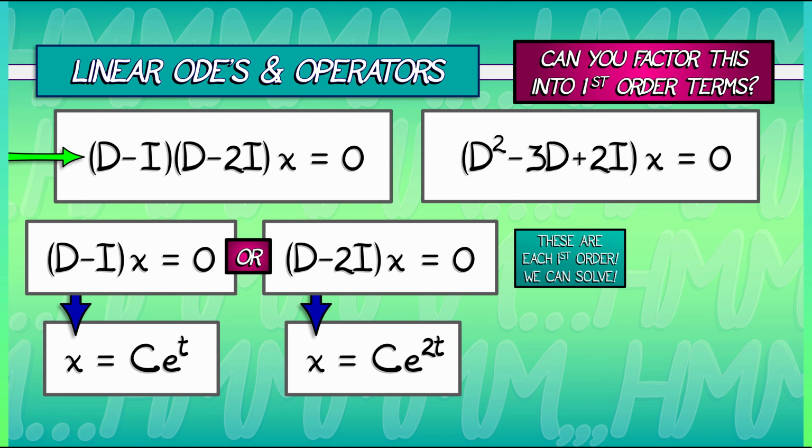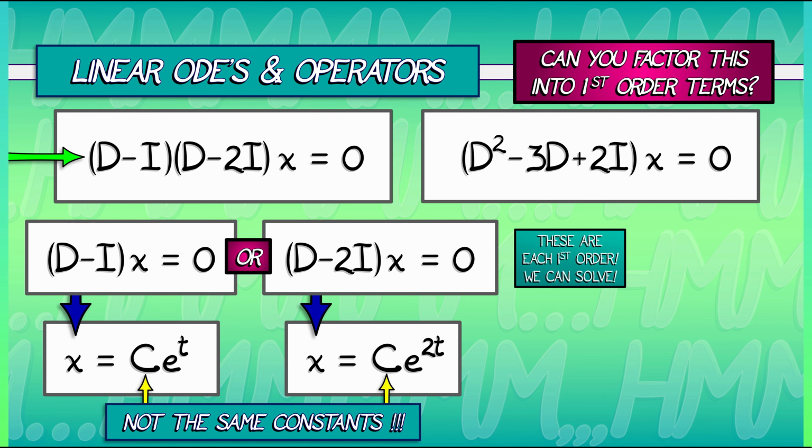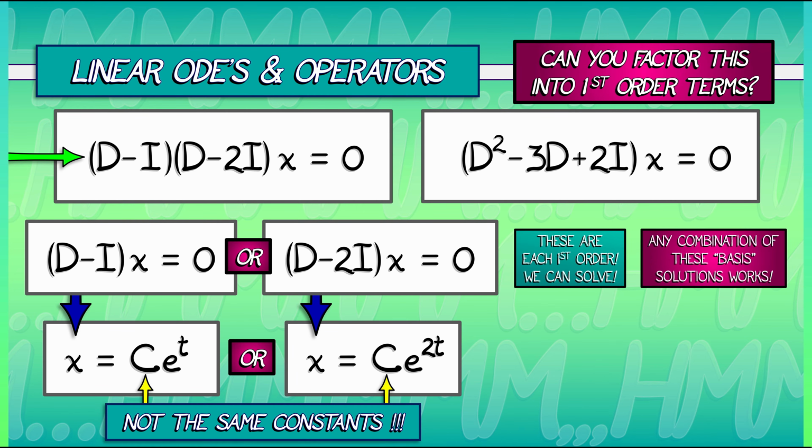Now, we have this situation with two possible solutions, each involving a constant. They are not the same constant. I call them both c, but these are really independent of one another. There is a logical or between these two, which means that we can take combinations of these basis solutions.